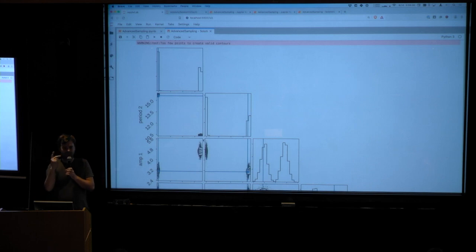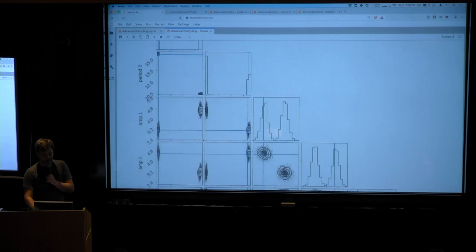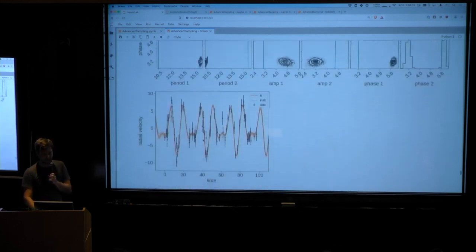So it's able to find both of those modes without any trouble. That's the thing to learn here: if you have a situation that looks like that, then something like nested sampling can be very useful.